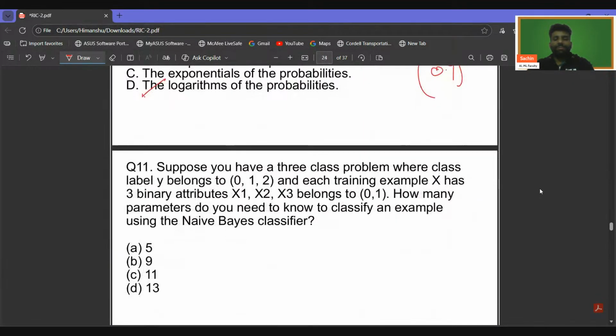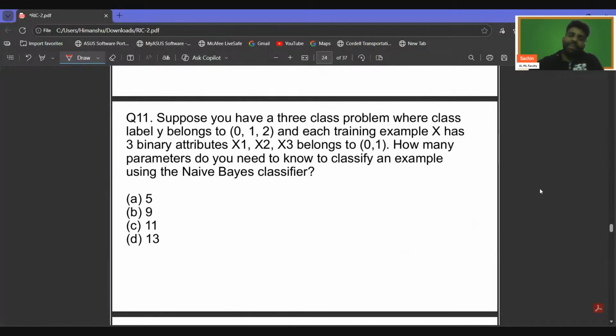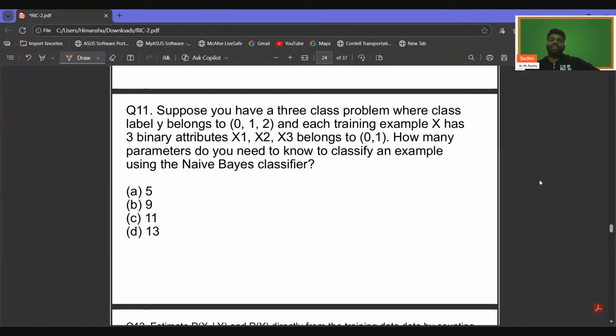Cool. Let's go next. Suppose you have a 3-class problem. There are 3 classes where each class label y belongs to 0, 1 or 2. Okay, we are having only these three classes.